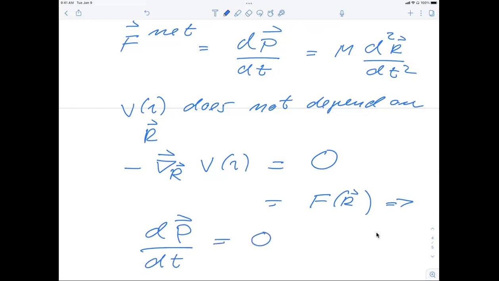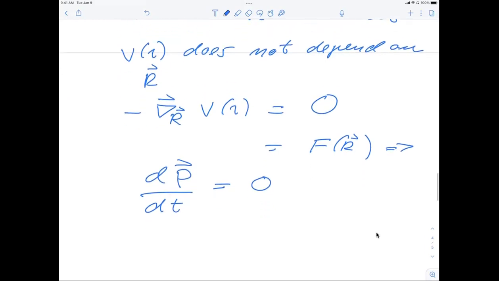Would you agree? So if there is no dependence on the center of mass motion, then the total linear momentum, its time derivative, has to be equal to 0. And that follows simply from the fact that the net force as a function of r is equal to 0.